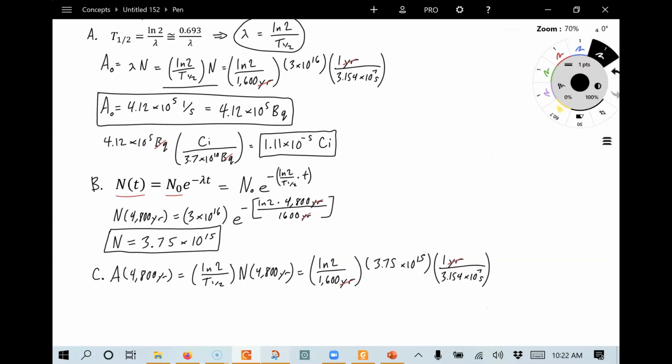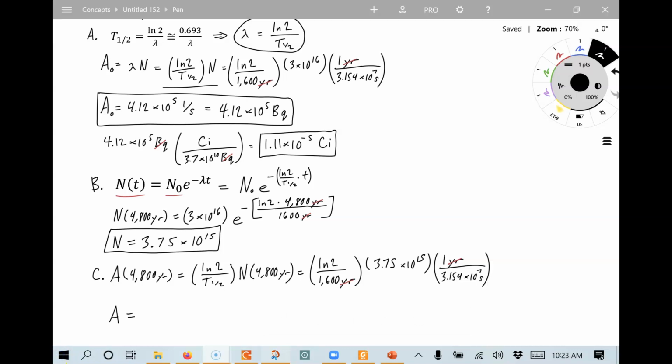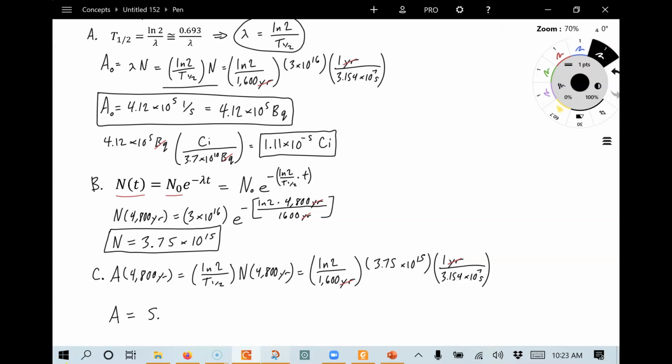And putting that into the calculator, we're going to get a value for the activity at this later time, which is equal to 5.15 times 10 to the 4th decays per second, or becquerel, since we are in SI units here.